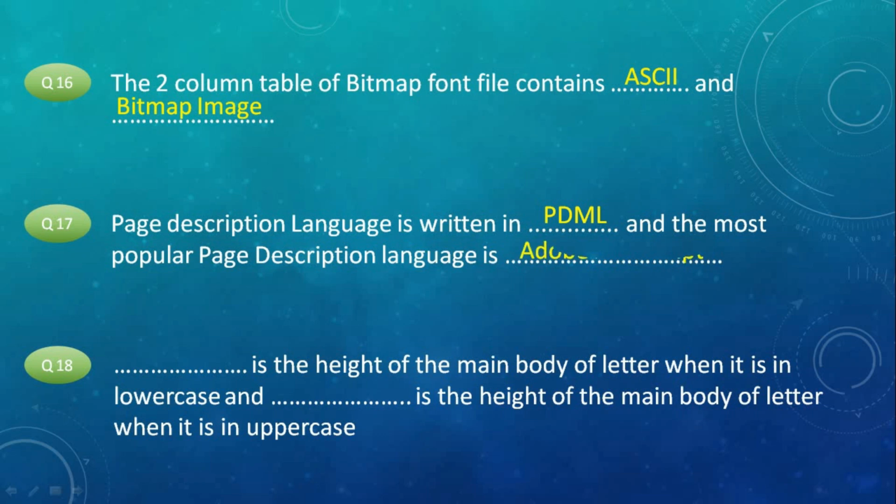And the most popular page description language is Adobe PostScript. X height is the height of the main body of letter when it is in lowercase, and cap height is the height of the main body of letter when it is in uppercase.